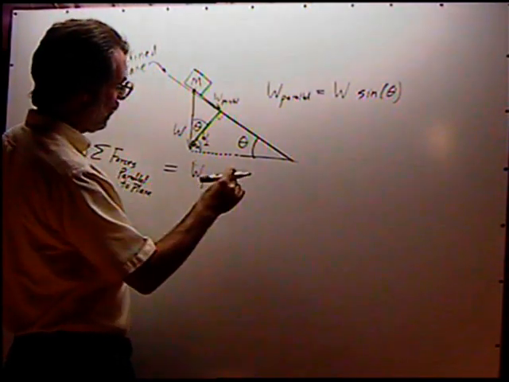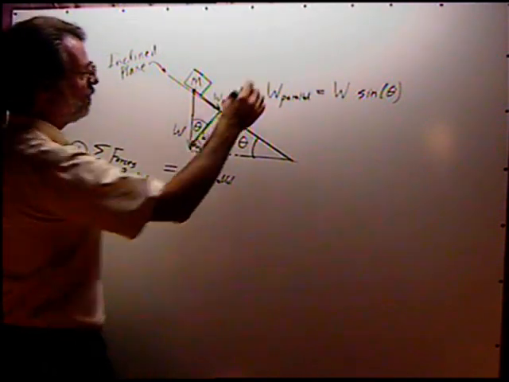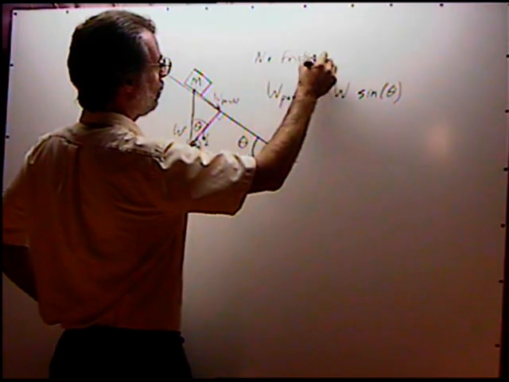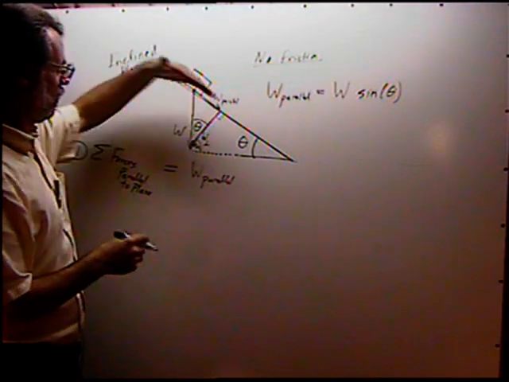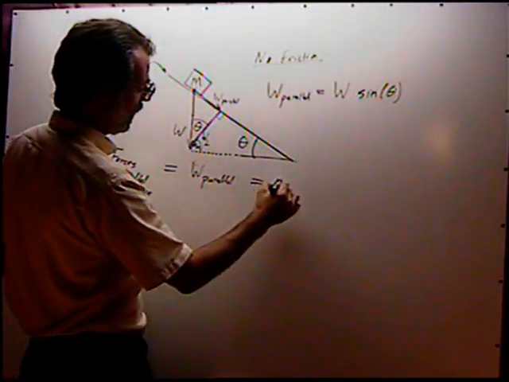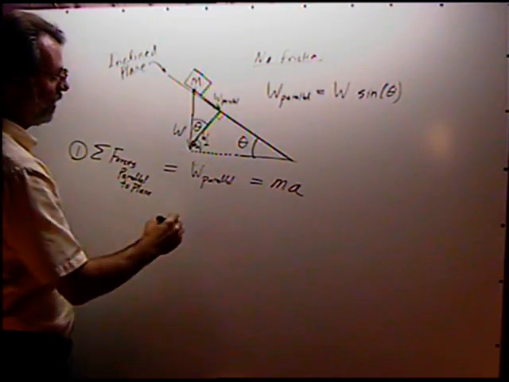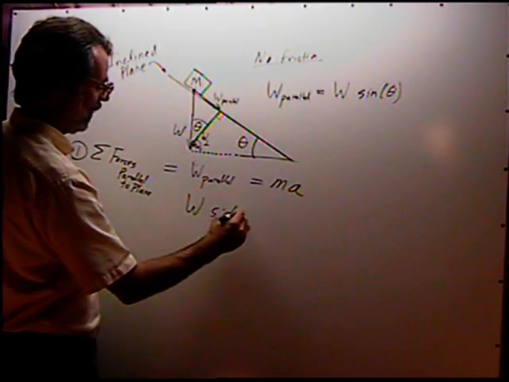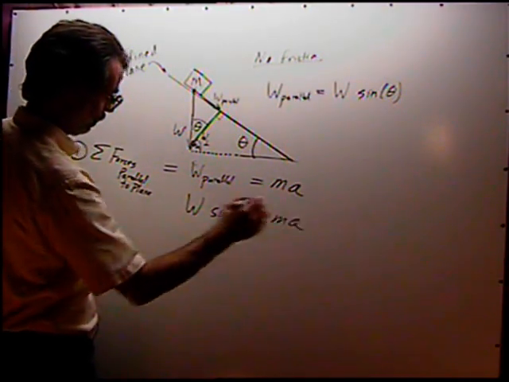Okay, if there's no friction force, then the only force that acts along the plane is this W parallel, and that equals mass times acceleration. So we would say that W, the weight, times the sine of this angle equals the mass times acceleration.